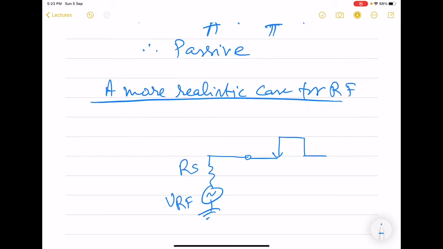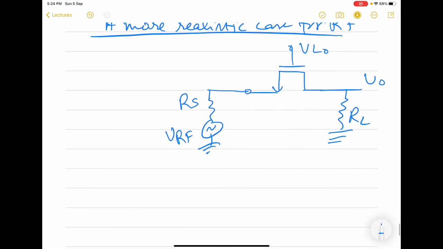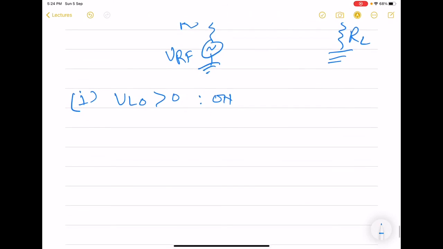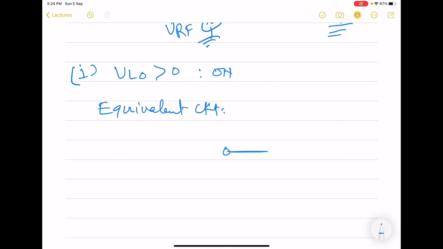So here now we have included RS also, and we want to see that how this will affect the output or the conversion gain. So we consider two cases when switch was closed. It was for this case. So in this case, the equivalent circuit is going to be like this.